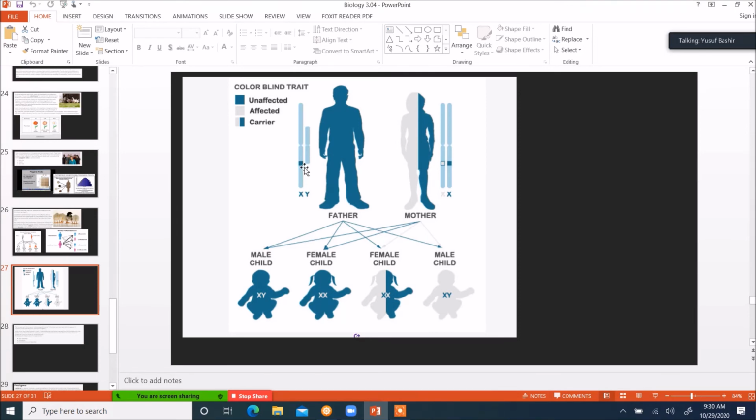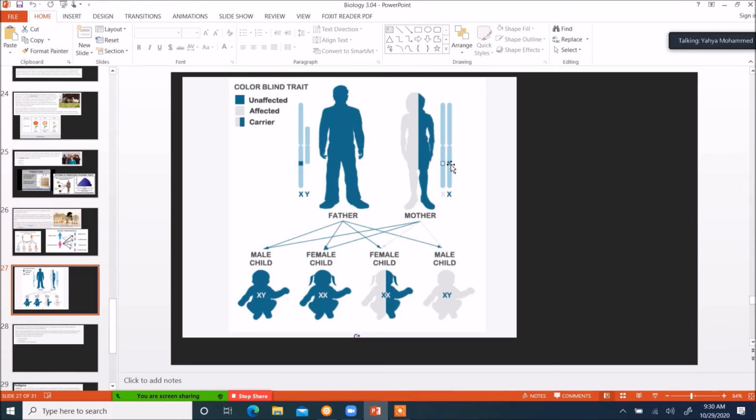Yes, there is something to balance it out because if the mother is not affected, then her allele could balance out that trait. Okay, right. But I'm talking about the father, right? Let's suppose the father on his X chromosome has some kind of disease allele, right? Then he himself cannot balance that out. Good, correct. So the father himself is going to have the disease, right?